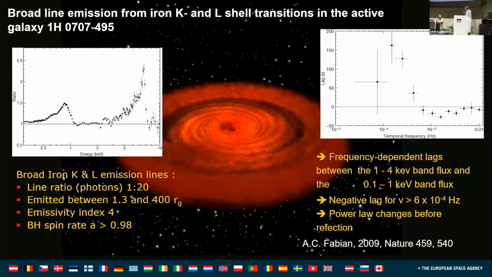This broad line, I think Sia mentioned it already, was very, very heavily discussed in the community, and this blocked it. And from XMM papers, we needed 9 years to get these results into Nature. The reason was that we had not only the spectra here, but we also saw for the first time these frequency-dependent delays.